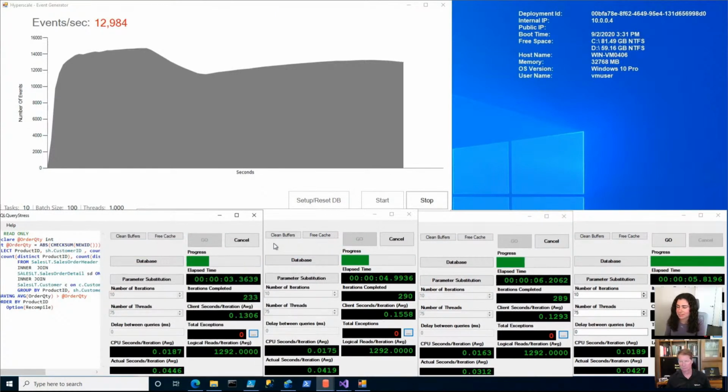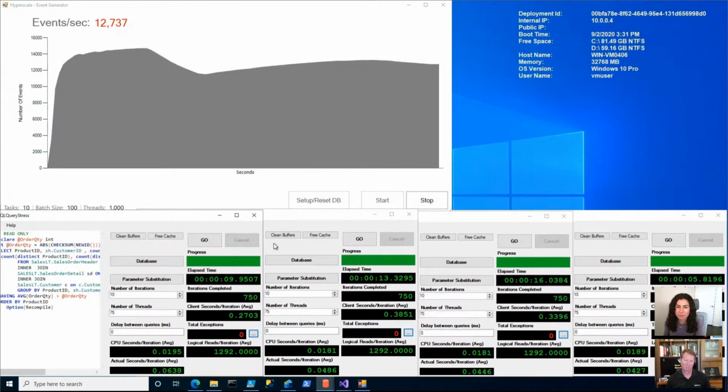Primary events per second, again, this is just an average, but you can see it doesn't take the big hit like it did on a quarter of the workload when we were running against the primary. So I think it's a pretty powerful example.